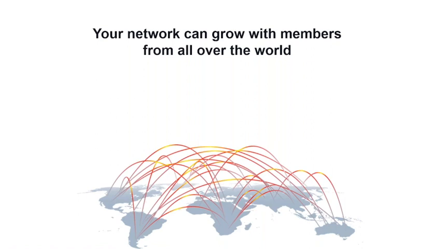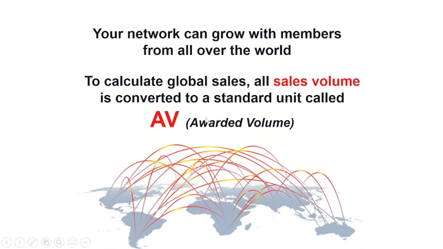So the network and the sales volume would come from these countries. So we have to have a similar unit to calculate the sales volume. To calculate global sales, all sales volume is converted to a standard unit called AV. We call it awarded volume, right?